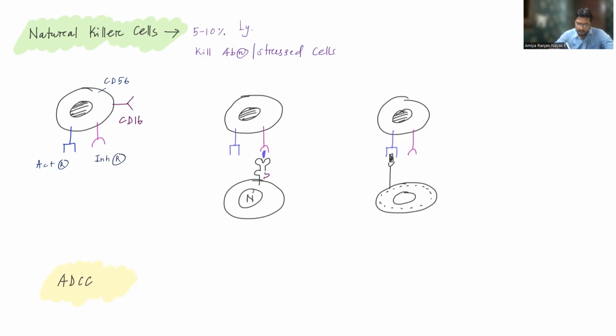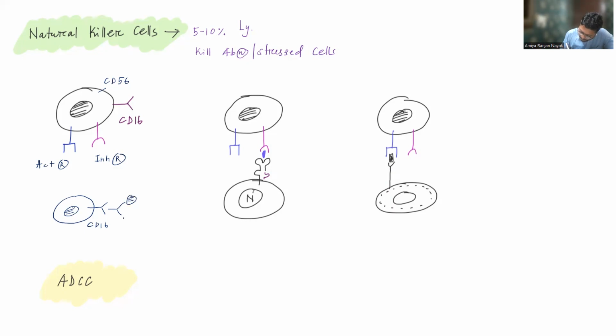If the activating receptor of the NK cell is activated, it is going to activate the NK cell. If the inhibitory receptors are activated, that is going to inhibit the natural killer cell. But what is the function of this CD16? So basically, CD16 is going to act as a receptor for immunoglobulin G.